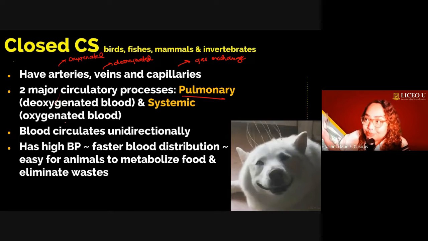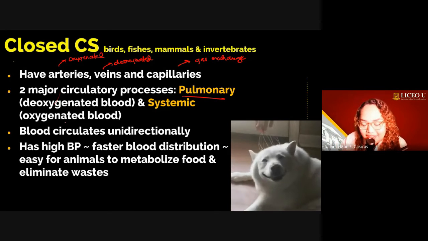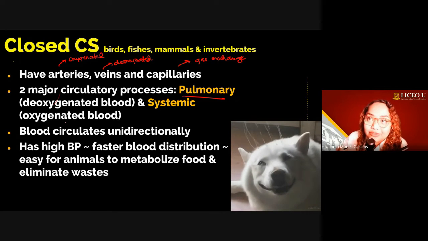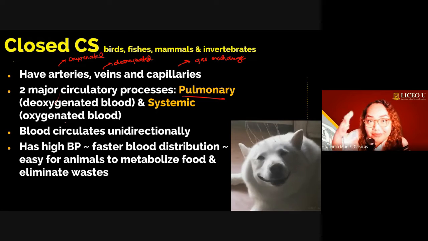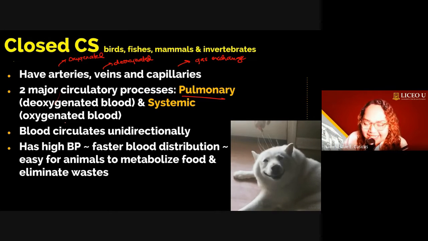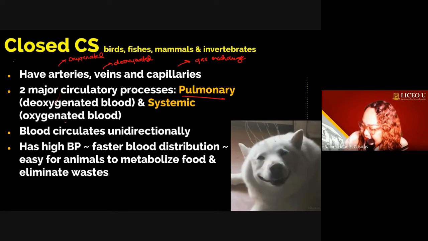We're able to move faster than the animals mentioned kanina, and we are able to have very complex thoughts as well, compared to animals that have open circulatory systems.